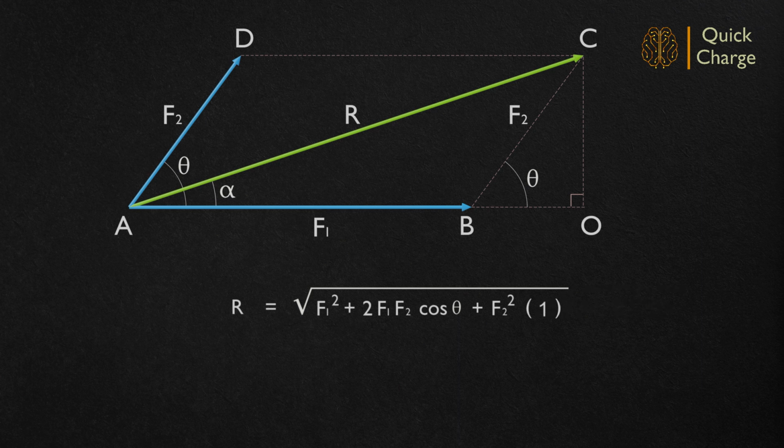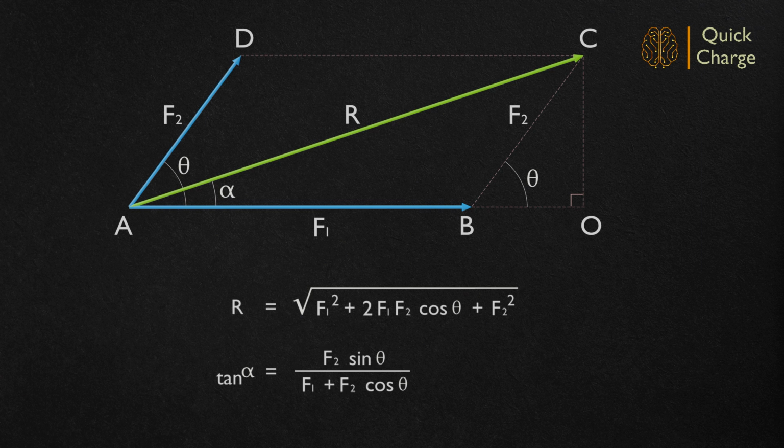Thus, we have arrived at the magnitude of the resultant force expressed in terms of the magnitude of the component forces and the angle between them. Now, we need an expression for the direction of the resultant force. From triangle CAO, tan alpha is OC by AO. Substituting, tan alpha becomes F2 sin theta divided by F1 plus F2 cos theta.